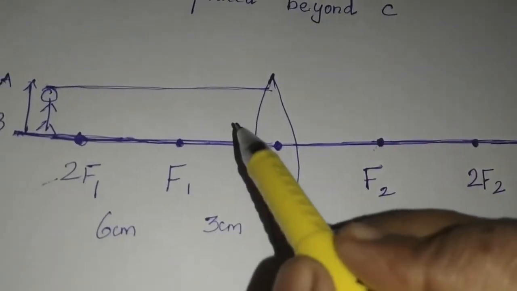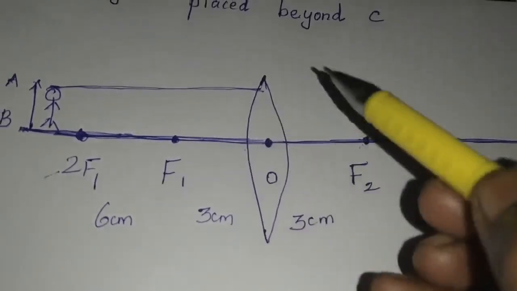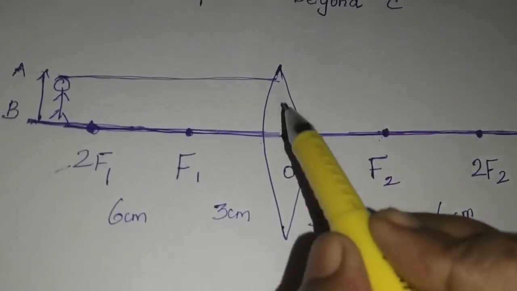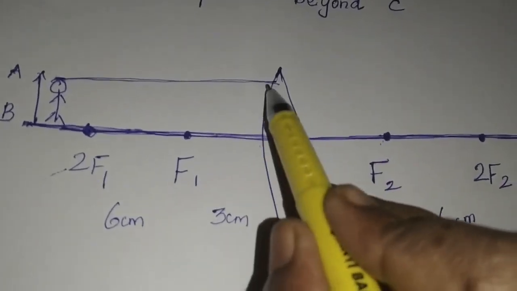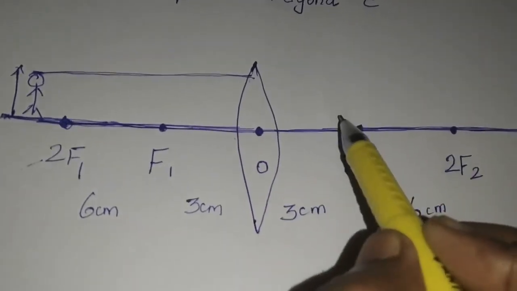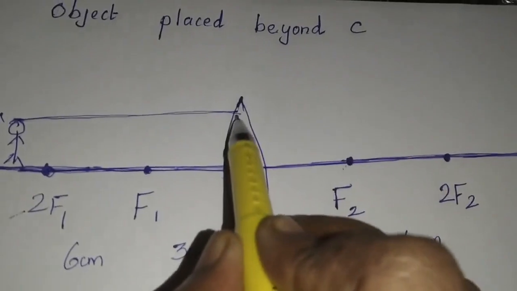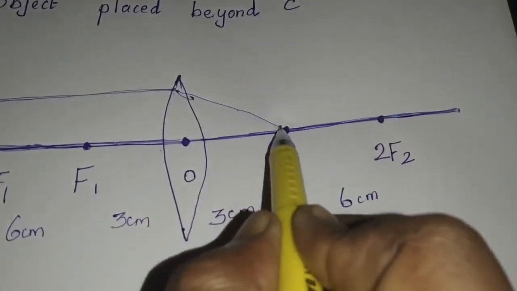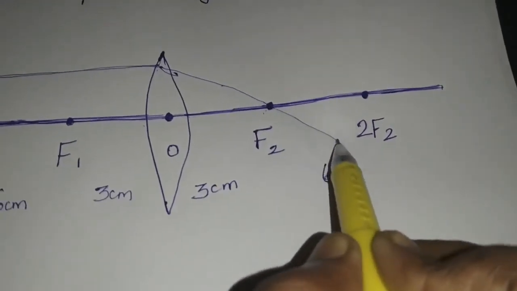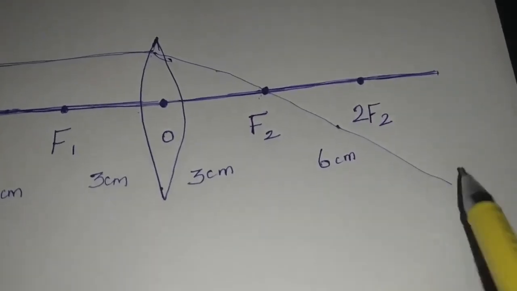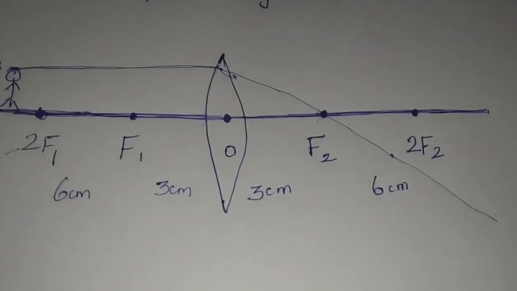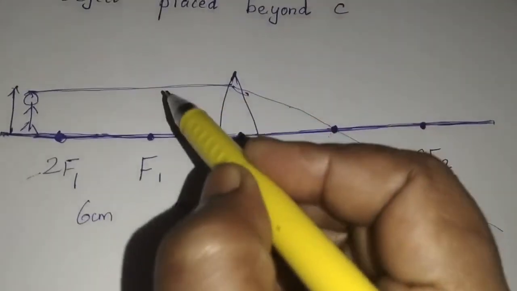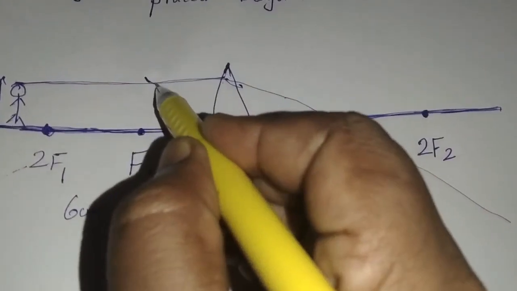What lens are we using? Convex lens. So after refraction by the lens it passes through the principal focus. And this is our first ray.